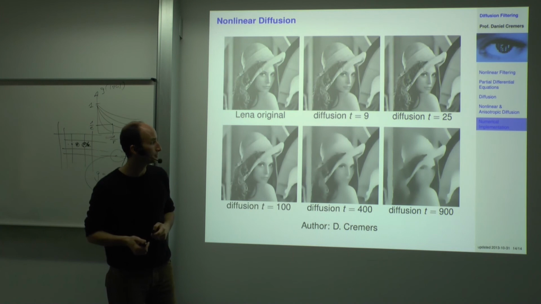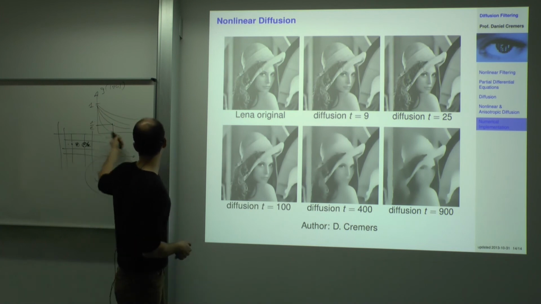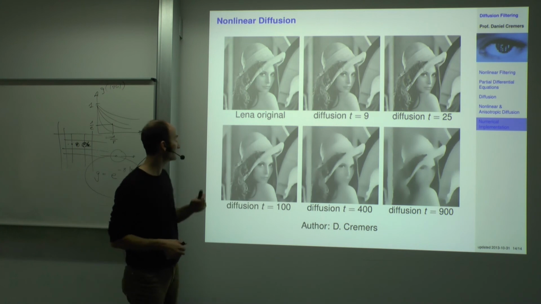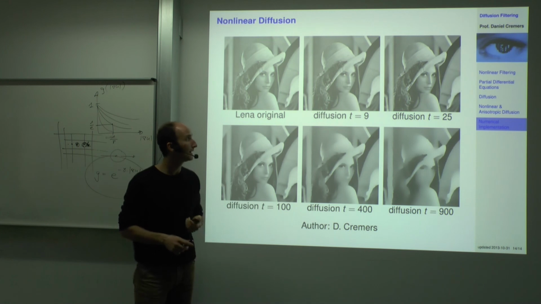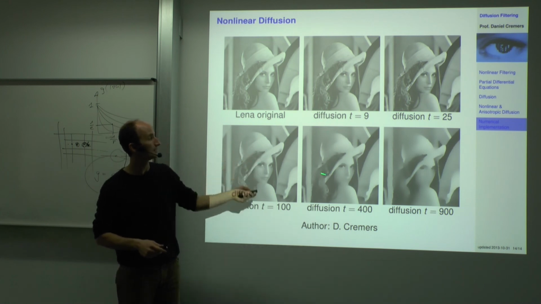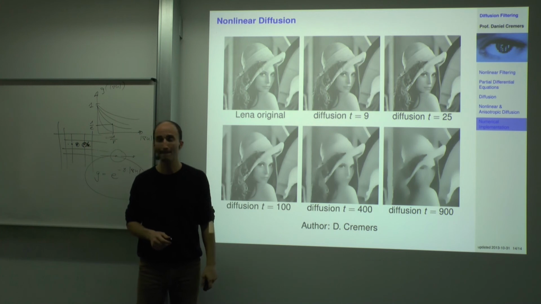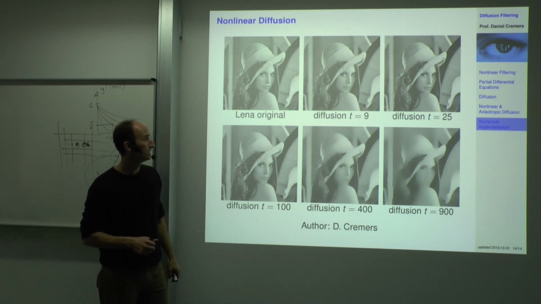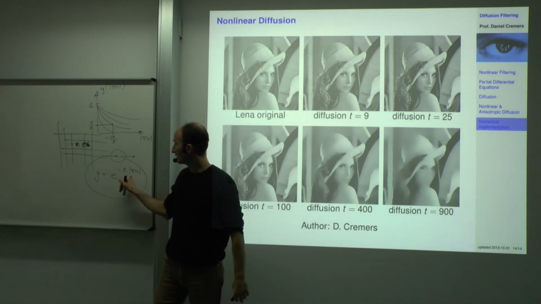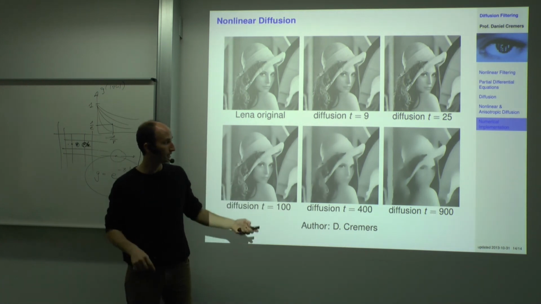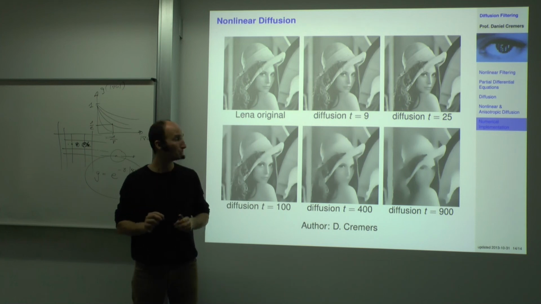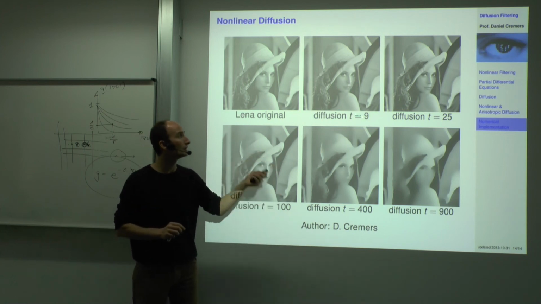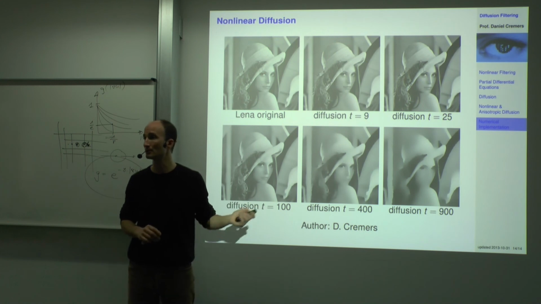Here's what you get if you implement this with this kind of decaying diffusivity. I believe it may have been the Perona-Malik one or this exponential one. It doesn't really matter, as I said, but what you get is these diffusion processes. Strictly speaking, whether you take the exponentially decaying or the 1 over gradient one that Perona and Malik used, is not exactly the same. But I would bet even an expert in diffusion would not be able to tell me which of the two this one is.